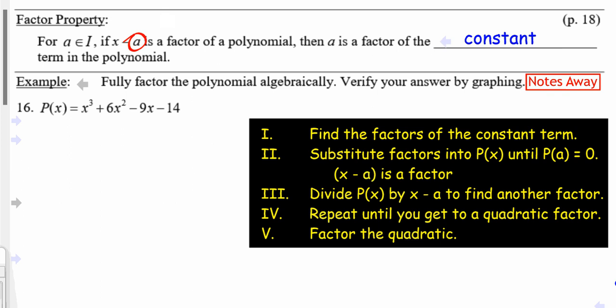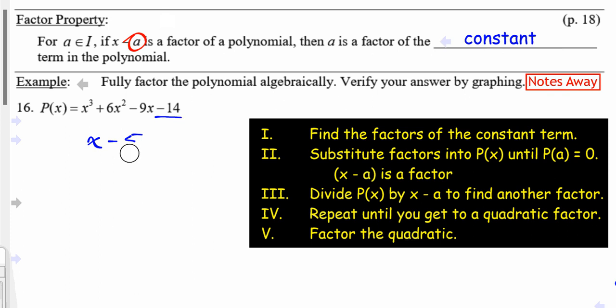There are many that I don't even have to look at. For example, if I talk about, could this be a factor of that polynomial? Nope, can't be, because -5 is not a factor of -14. So I'm not even going to consider this polynomial.